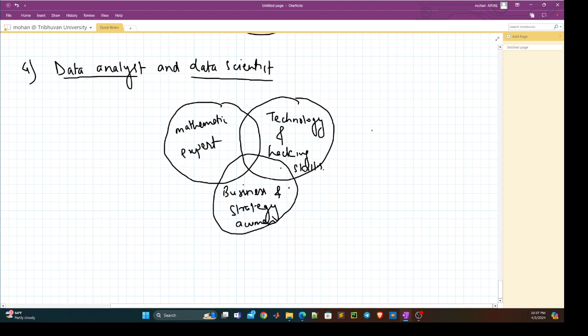And this intersection is where the data scientist usually plays. He needs to be a mathematic expert, as well as he needs to have the better knowledge of technology, and he should also develop the skills regarding the business and strategic skills, right?